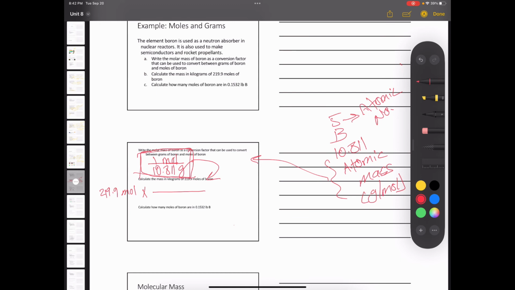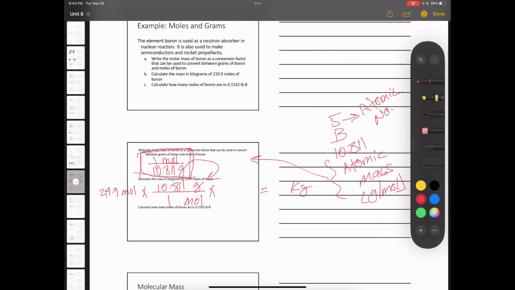for your conversion. So in this case, because my goal here is to get kg at the end, which means I'm trying to convert to grams first before converting to kilograms, grams has to be in my numerator, and mole has to be in my denominator, so I can cancel out the moles later. So this one will be 10.811, and this one will be 1 mole.